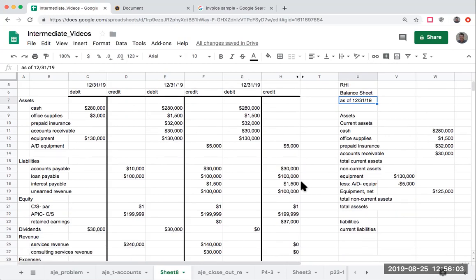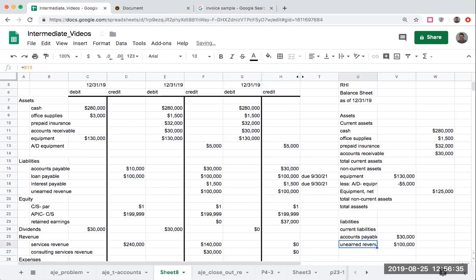If the loan is not due until September 30th, 2021, that's beyond 1 year, meaning that it's not going to be payable by December 31st, 2020. So therefore, my current liabilities are going to be my accounts payable and my unearned revenue. So it's a very important distinction.